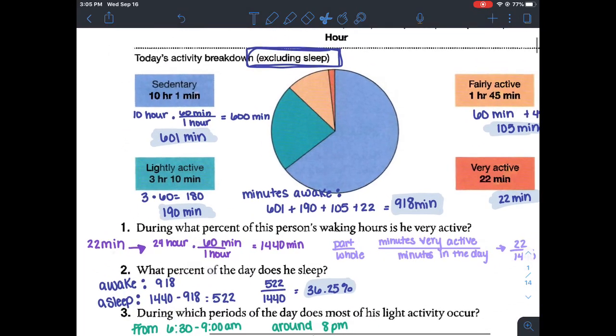So for question number 1, we're going to use the pie chart and that bar graph of your calories burned. So during what percent of this person's waking hours is he very active?